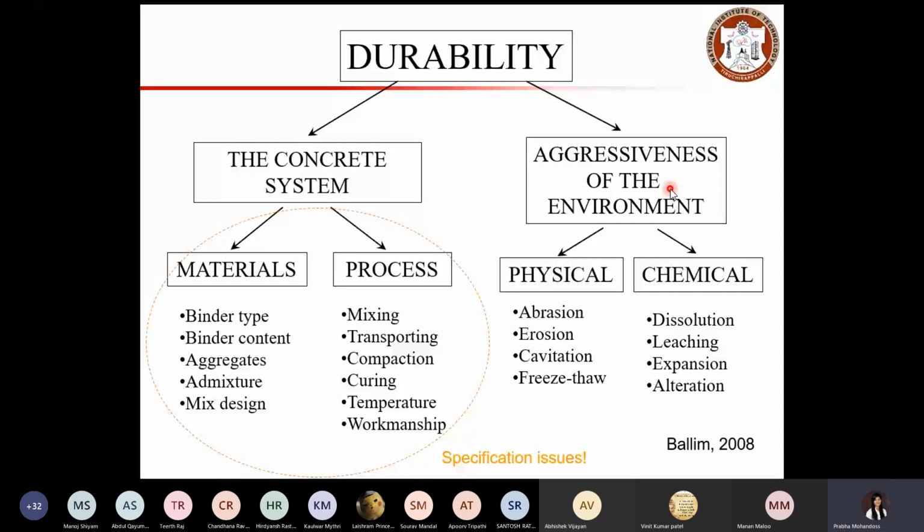In some cases, some elements could react with the CSH, and that will change the binding property of cement itself. In that case, the binding will be affected significantly, and you will see disintegration of the ingredients and expansion.